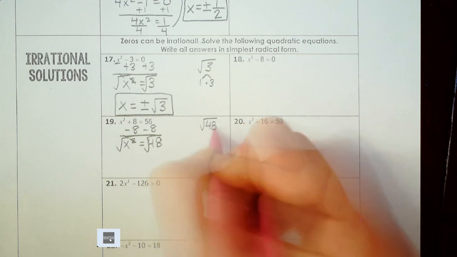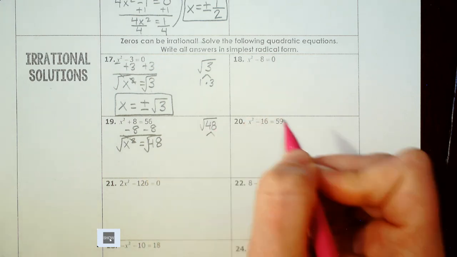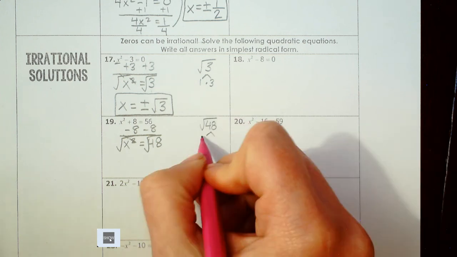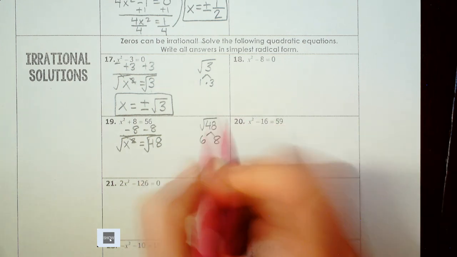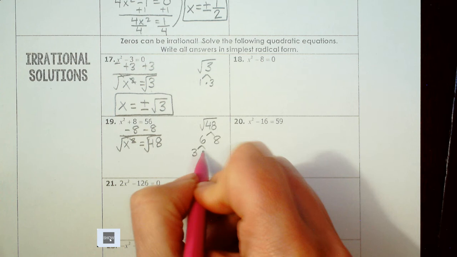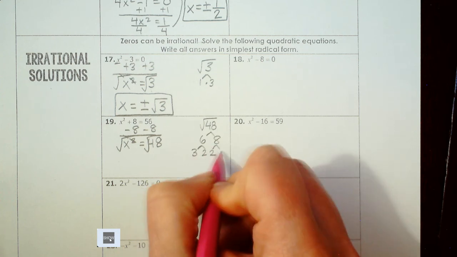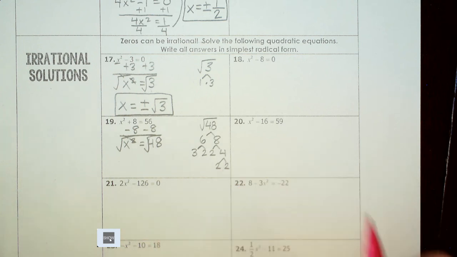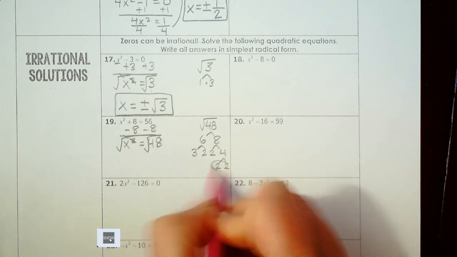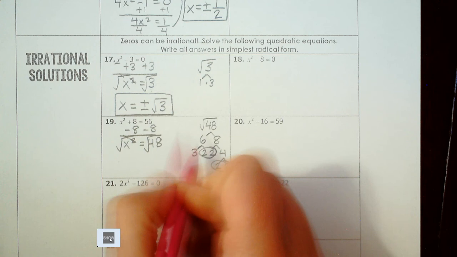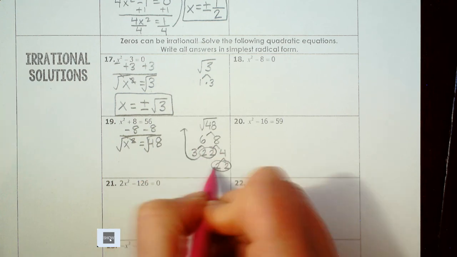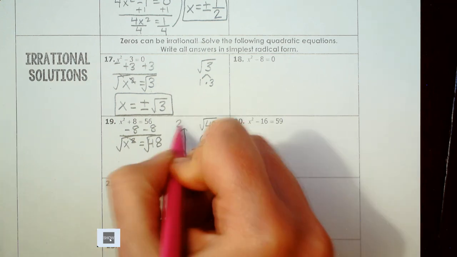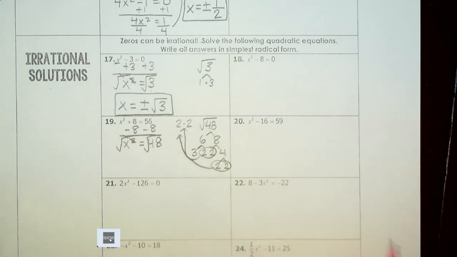48 is not a perfect square, so I need to see if I can simplify it. I know I can do 6 and 8. This would be 3 times 2. This is 2 times 4. This is 2 times 2. And I'm looking for pairs. So I have a pair here and I have a pair here. And remember, the pair comes out front. And if you have multiple pairs out front, you're going to multiply them.